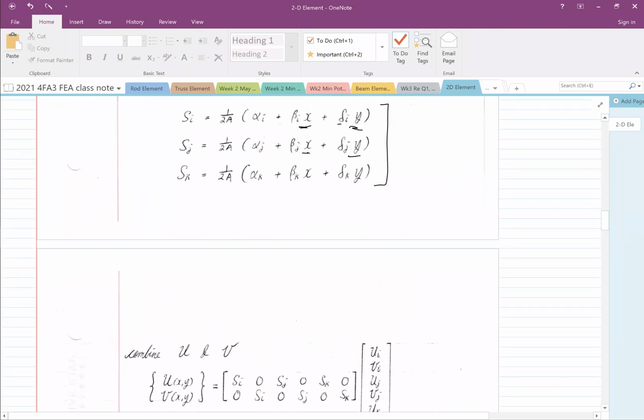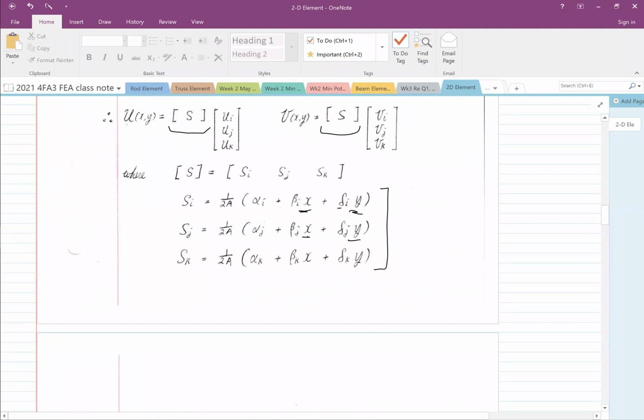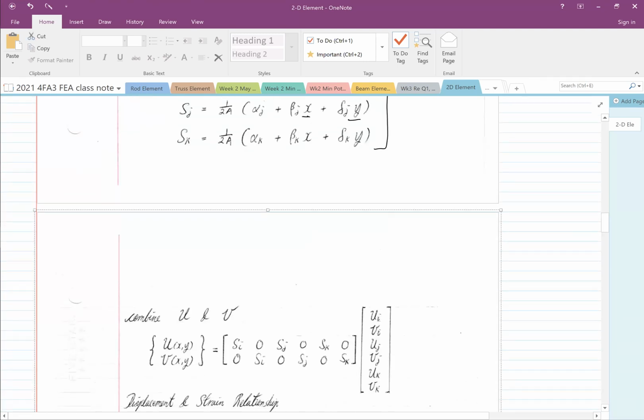Okay, what we have right there are equations for horizontal movement: u tells you left or right, and v tells you up and down. But it's a 2D element, so we want to merge them together, right? So here you go. Look at that.